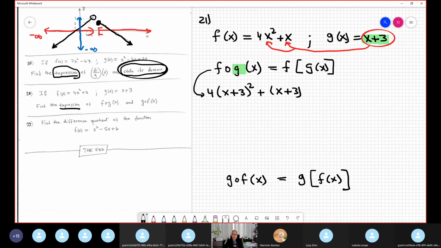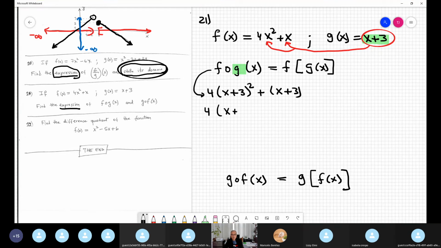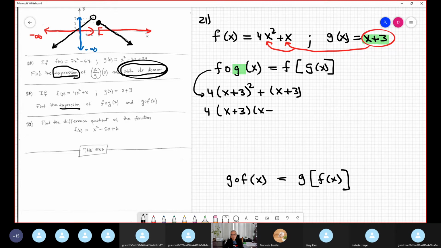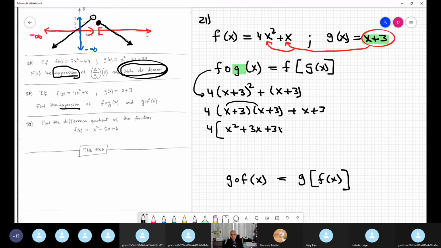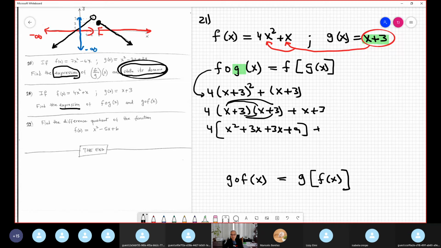Leave it like that? No, no, of course not. The FOIL. Multiplication, no? Yes. 4 parenthesis or bracket either way, x squared plus 3x plus 3x plus 9. Plus x plus 3.